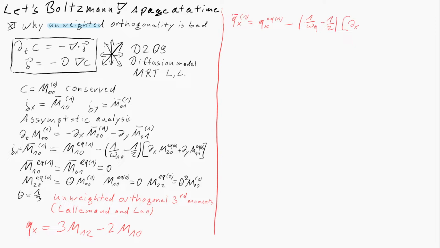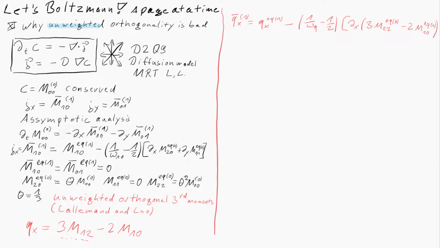in here we have now to combine the non-equilibrium part of 3 times the moment m12 minus 2 times the moment m10, and this is of course 3 times the moment m22 equilibrium to 0 order minus 2 times m20 equilibrium to 0 order.